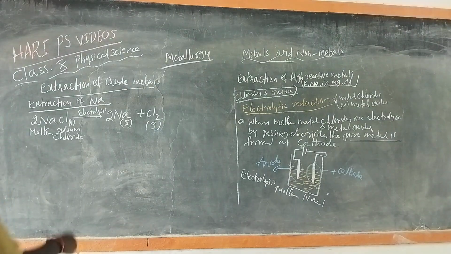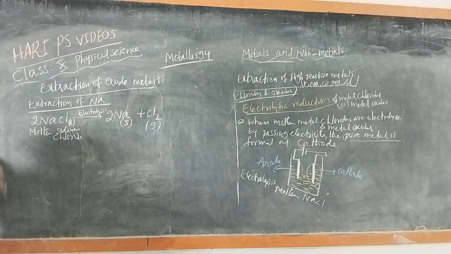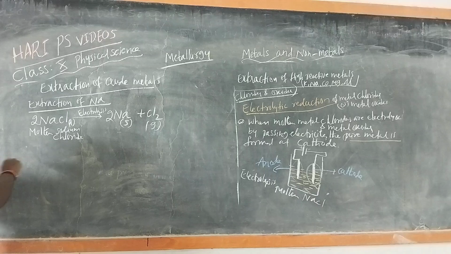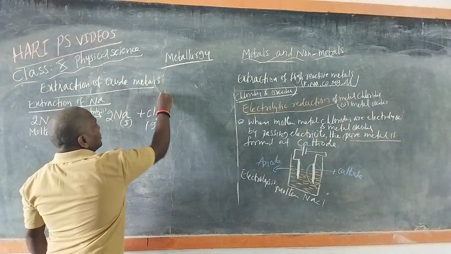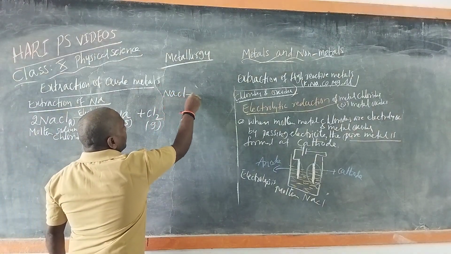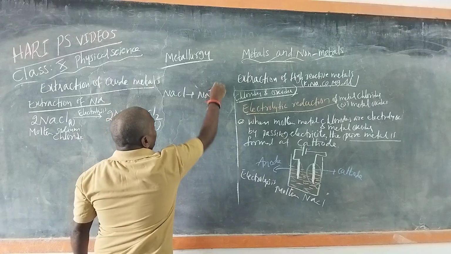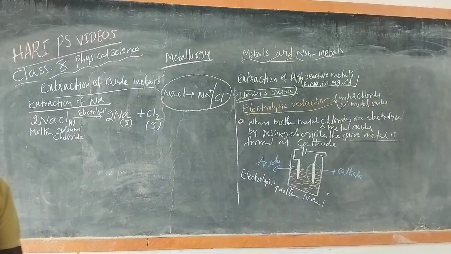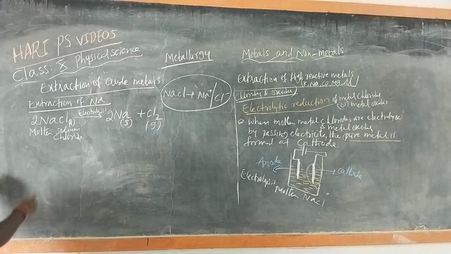First of all, the sodium chloride is dissociated into Na plus and Cl minus ions. The decomposition of sodium chloride forms sodium ion as well as chloride ion.